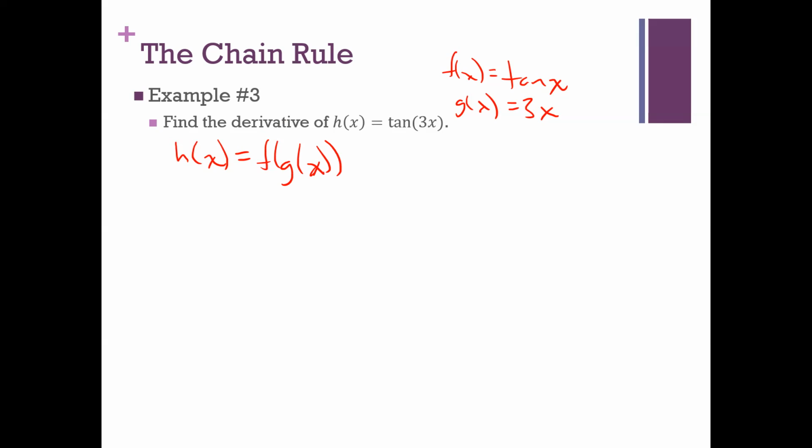What's the first thing that happens to my input x? It gets tripled. After it gets tripled, it becomes a new thing called 3x. What happens to it then? So then I agree with g being the first function, the inner function, and f being the second function, the outside function. Based on that, can I talk about the derivative h prime? Or is there something you'd like to do first?